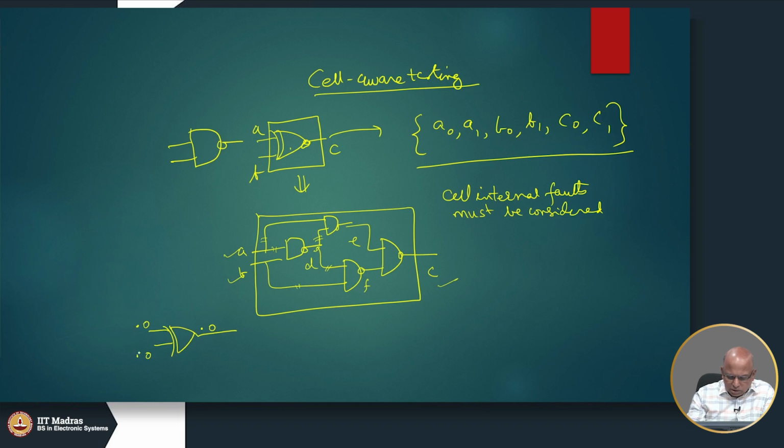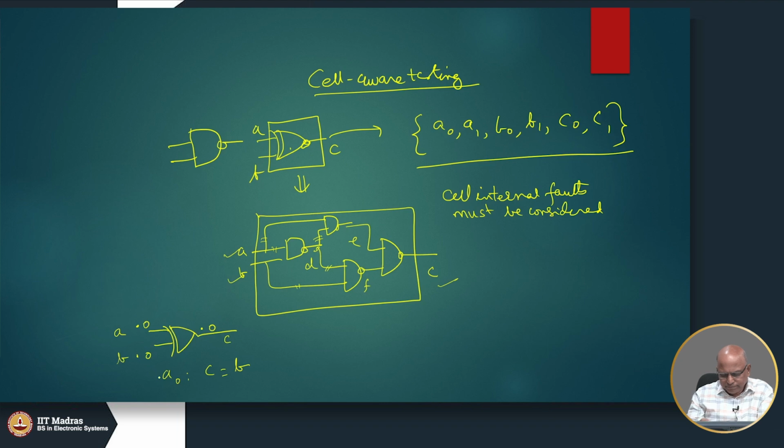A stuck at 0 and B stuck at 0 may not be equivalent. If I make A stuck at 0, the functionality will be, let us say this is A, B, C, C will become B, right?